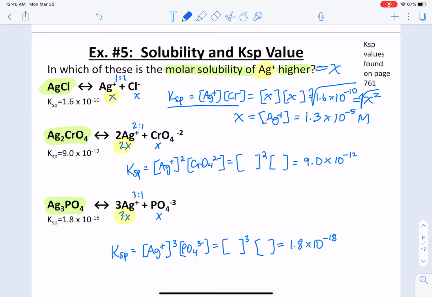In the next example, we know that silver is represented by 2x, so that'll also be squared according to the mole ratio, and chromate is just x. So 2x squared would be 4x squared times x, which is equivalent to 4x cubed. I want to solve for x, so divide both sides by 4.